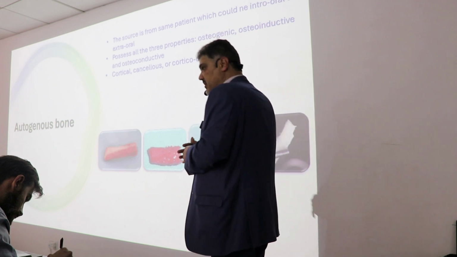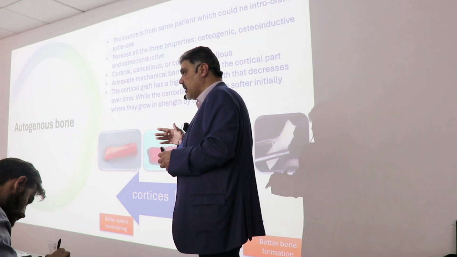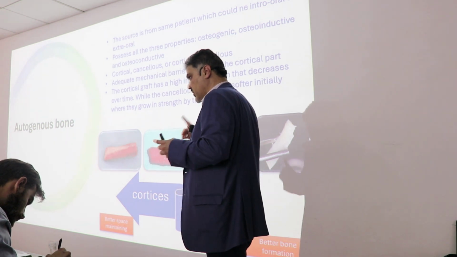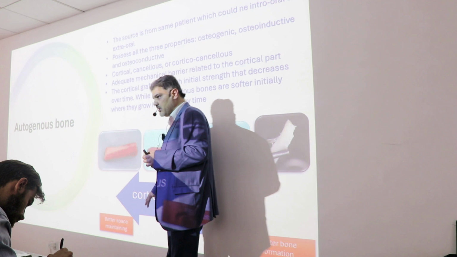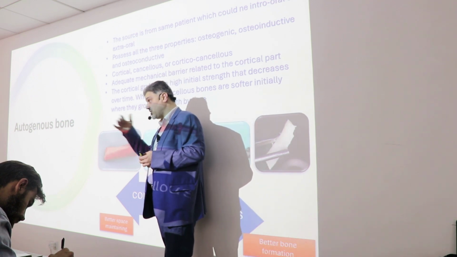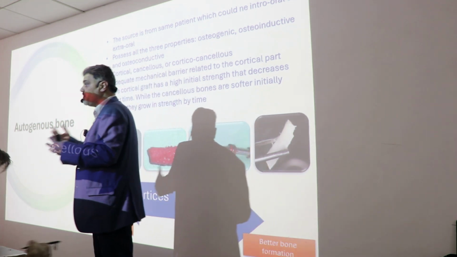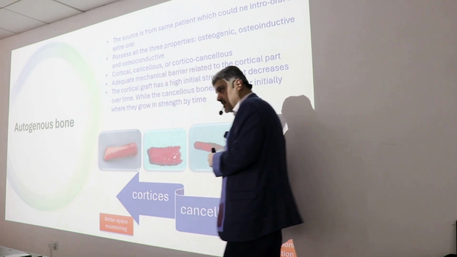Each part of this bone has its own advantage and disadvantage. What do I mean? Cortical bone, because it's dense, has more osteoconduction, which means it can preserve the volume much better than the cancellous.